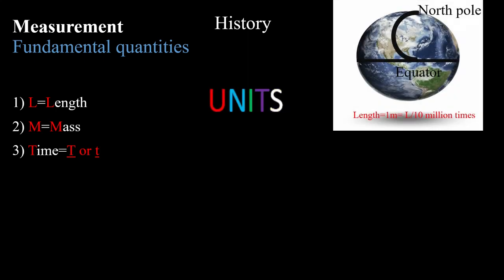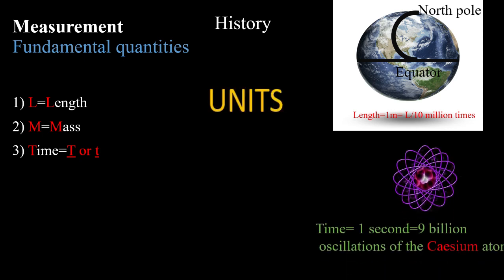What scientists did, they measured the distance between the North Pole and the equator, divided it by 10 million, and then they defined it as a standard length, which is 1 meter, right? For time, 1 second is equal to 9 billion oscillations of cesium atoms. That's a huge number, but it's only 1 second of this oscillation.